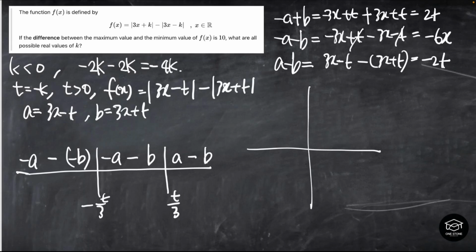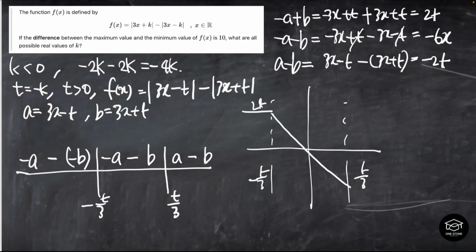Let's summarize this case. For x less than negative t over 3, the function equals 2t. Between negative t over 3 and t over 3, the function equals negative 6x. For x greater than t over 3, the function equals negative 2t.